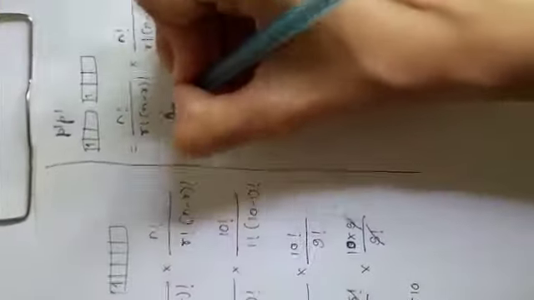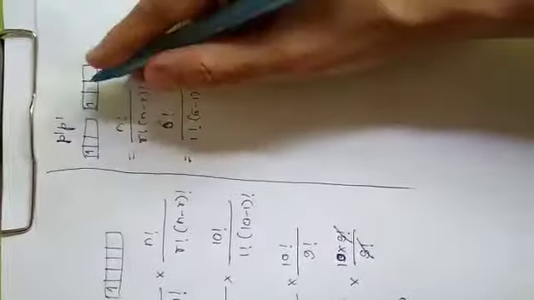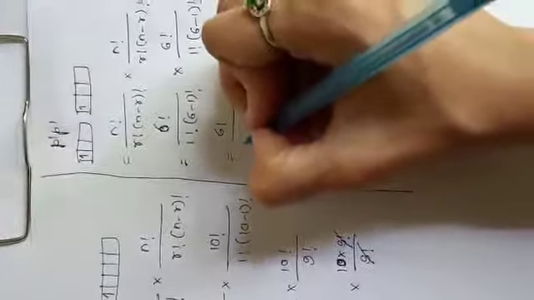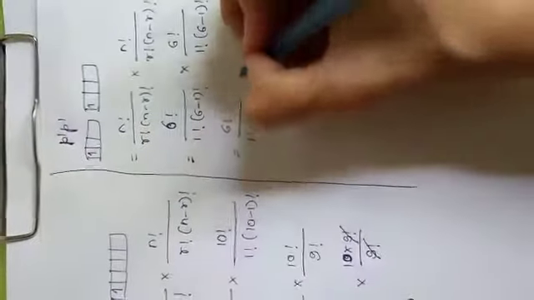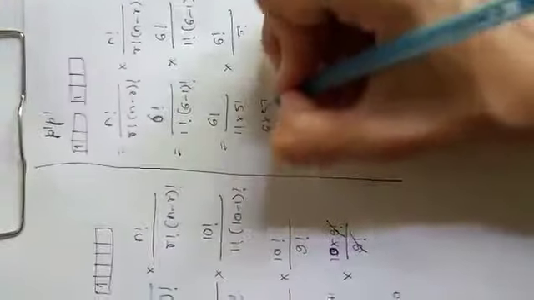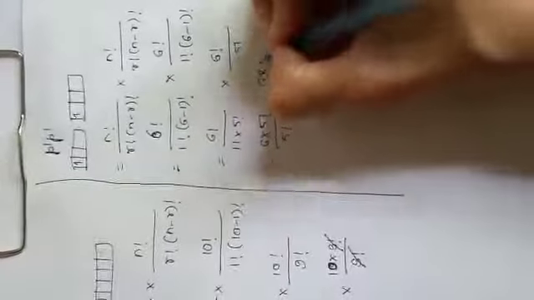The maximum number of electrons in a p orbital is 6, so 6 factorial divided by 1 factorial into 5 factorial, into 6 factorial divided by 1 factorial into 5 factorial. That is 6 into 5 factorial divided by 5 factorial, which is 6, twice. So 6 times 6 is 36 microstates, or degeneracy, possible for P1 P1.